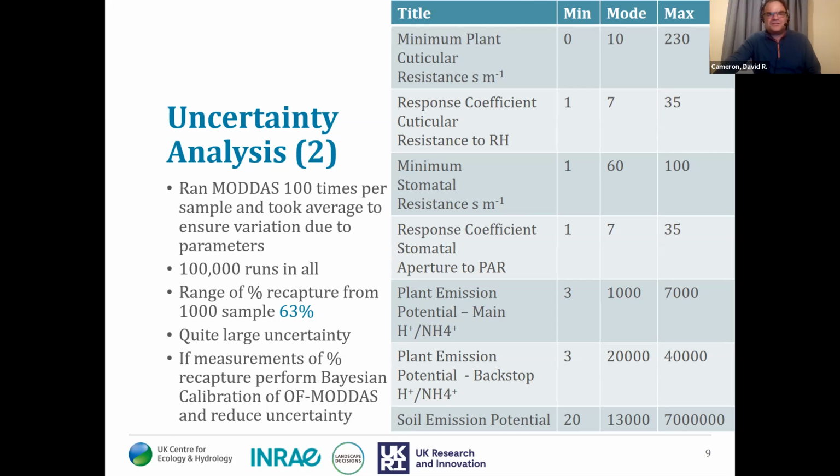It's quite a large amount of uncertainty that we've got currently in the model. But as we're able to take measurements at farms of percentage recapture, we can use that in a Bayesian calibration to try and reduce the uncertainty in these parameters and bring that down. So we hope to do that in the future.